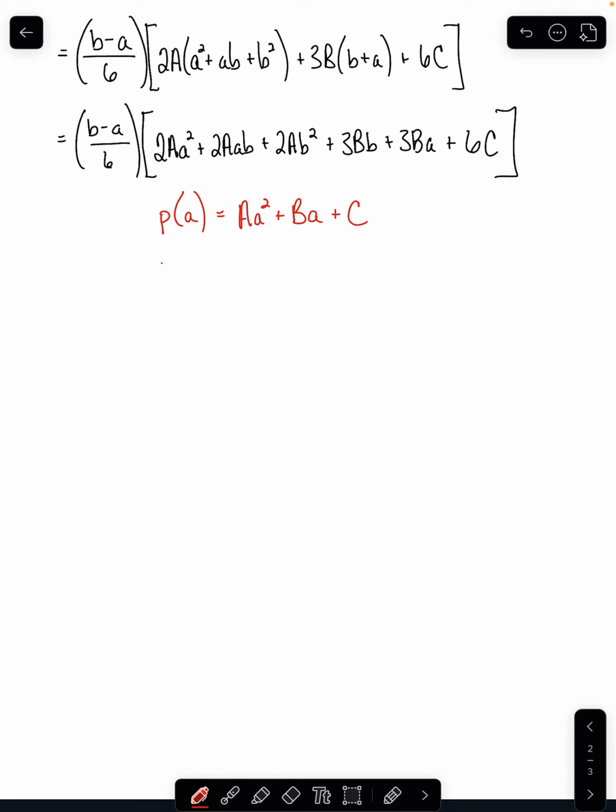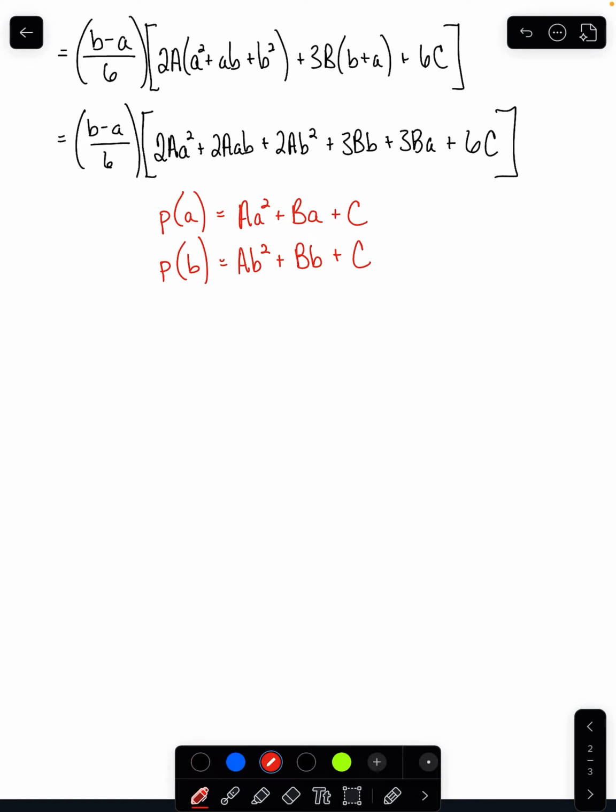Likewise, as part of our end result, we would like to have a P of little b, which would be big A times little b squared plus big B times little b plus c, each of which we have multiple of in this expression. We also want to have something else in between the P of a and P of b, and we'll deal with that in a moment.